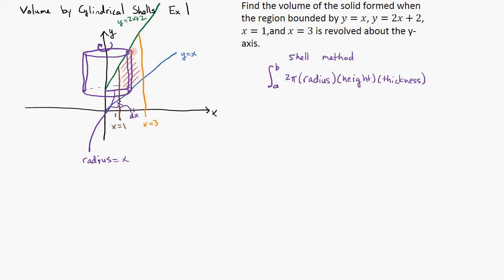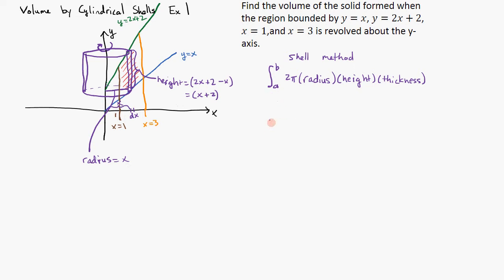The height is this quantity here. The height is just the distance between the green curve and the blue curve. So it's the difference between the two. So the height is equal to 2x plus 2 minus x, or if I simplify this, this is just x plus 2.